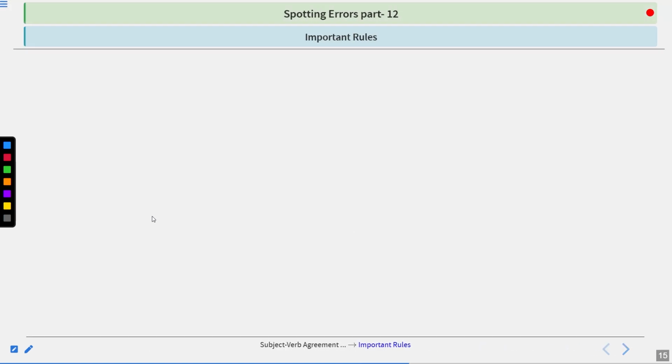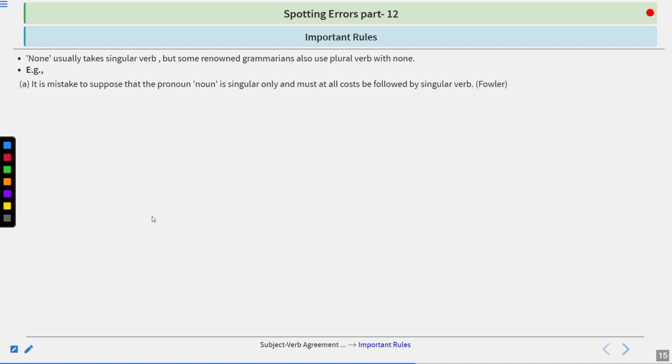Important rules. None usually takes a singular verb, but some renowned grammarians also use a plural verb with none. It is a mistake to suppose that the pronoun none is singular only and must at all costs be followed by a singular verb. None was originally used as singular, but it has also acquired a plural meaning.